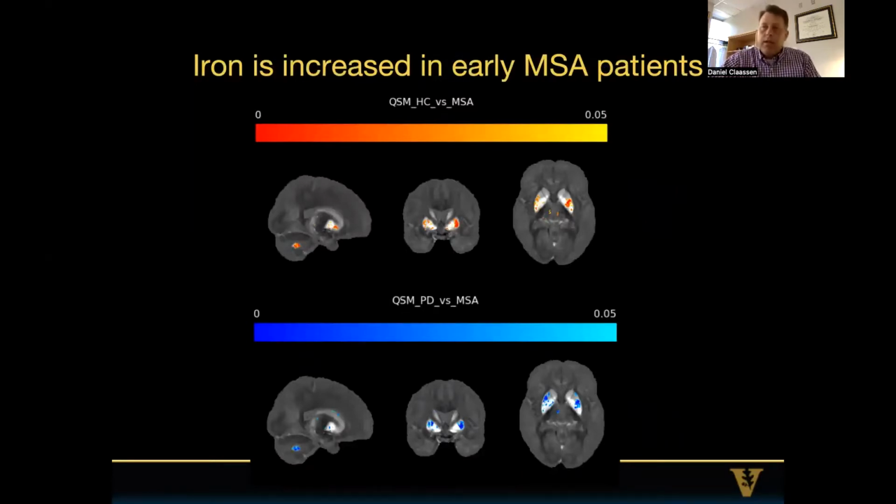And earlier I told you about the iron signal that happens in MSA, especially in the putamen and pallidus of MSA-P patients. And I want to tell you a little bit about iron and how we can understand it in the brain, because I think you might find this interesting. And at least with one of the studies that I'm working on, we're trying to come up with an iron chaperone medication that takes away labile free iron.